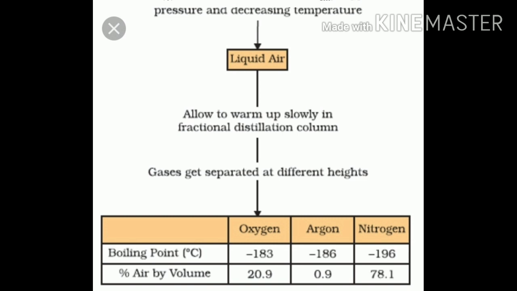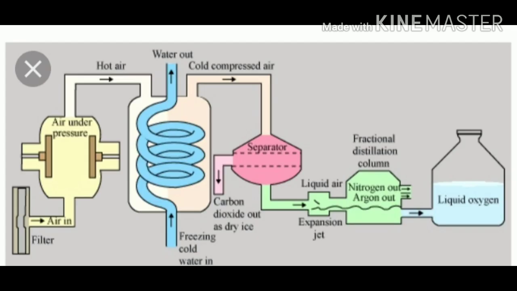Also, a schematic diagram is shown here of how separation of gases can take place from liquid air. Here this is a filter to filter out impurities from air, like dust particles. The filtered air is then passed through this pump, where air is compressed by these pistons at high pressure.